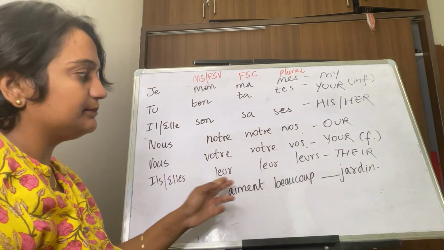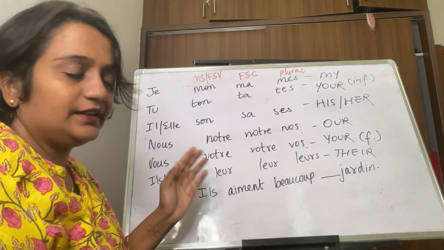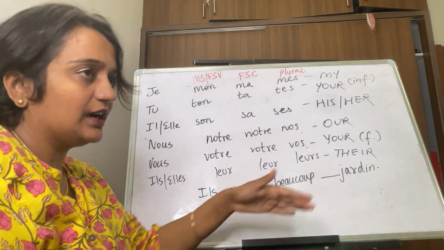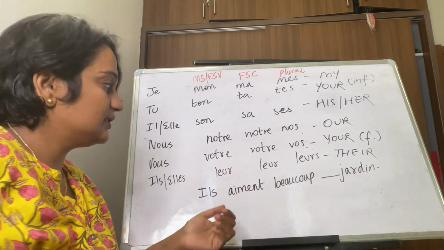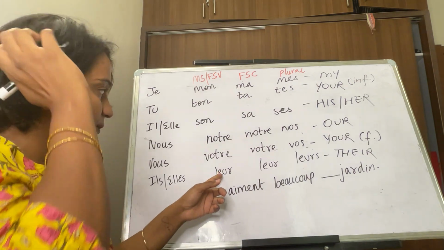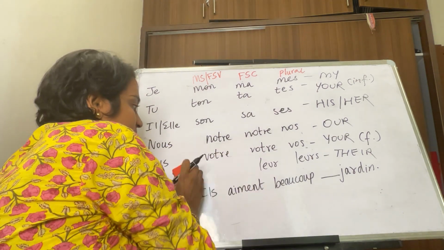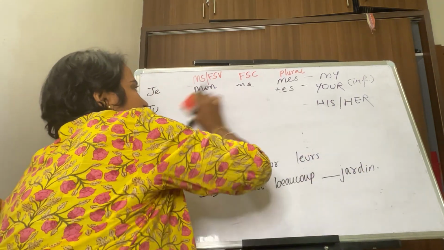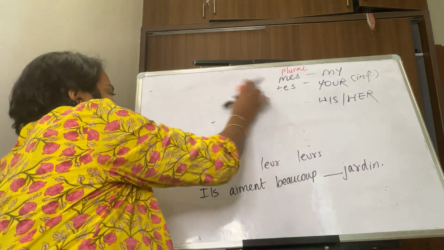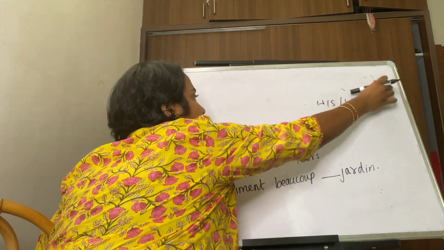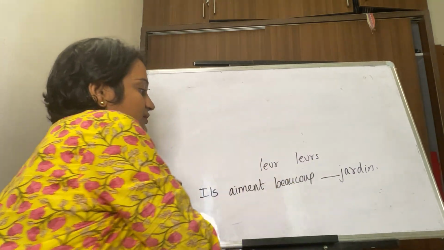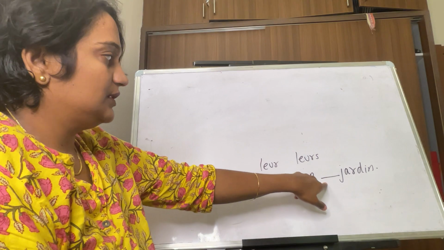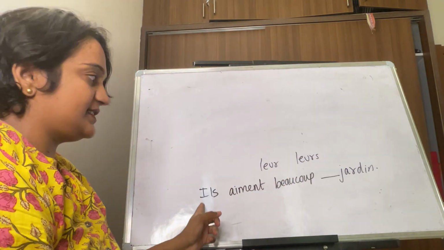Okay, let's see. Ils aiment beaucoup dash jardin. They love a lot or they like a lot their garden. They like the garden a lot. Okay, so ils gives me the option of leur or leurs. You tell me what the answer is. So which one can sit here to agree with this, not with this?